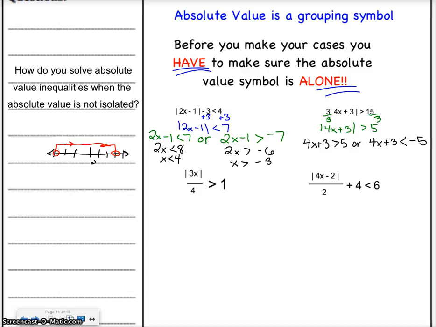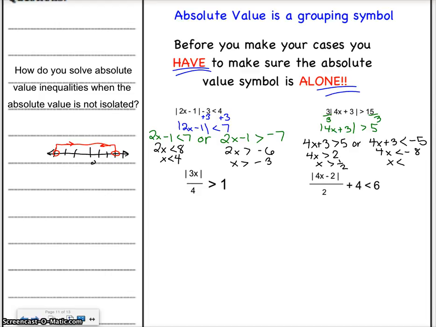Then I solve. Minus 3. 4x is bigger than 2. It's not 2. It's x is bigger than 1/2. 2 over 4, 1/2. Or 4x is smaller than negative 8.